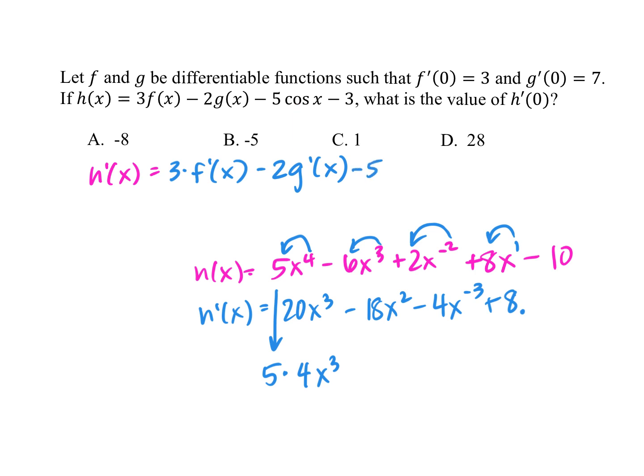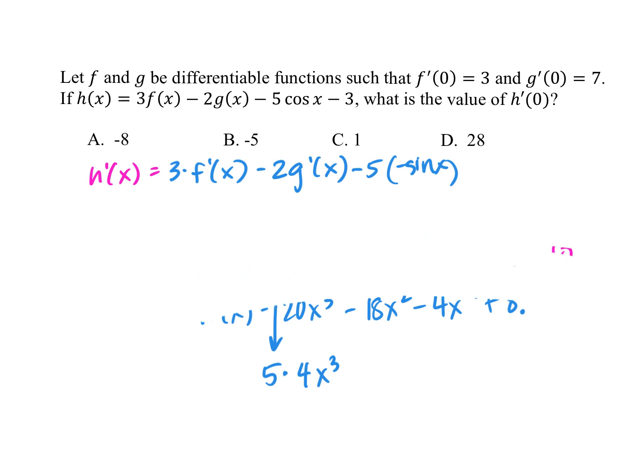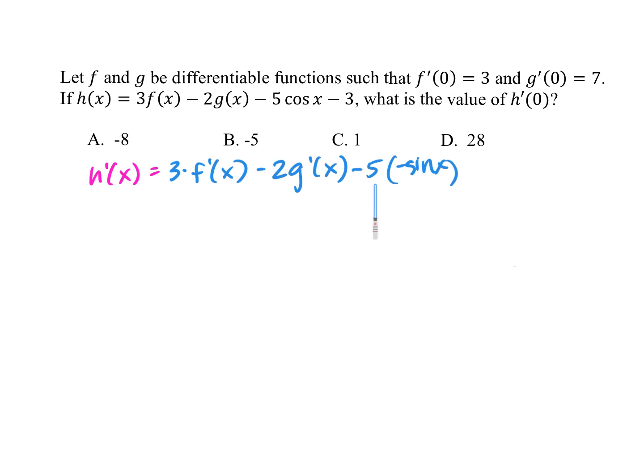Keep that constant, minus 5. Anyone remember what the derivative of cosine is? Negative sine. Derivative of minus 3 is 0. So some of you are going to jump right to a plus 5 sine of x right there? Yes, and I'm fine with that. But you don't have to.